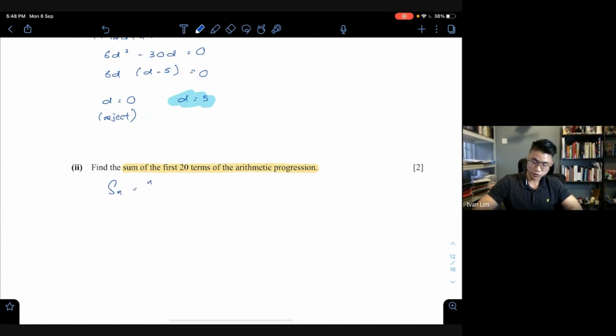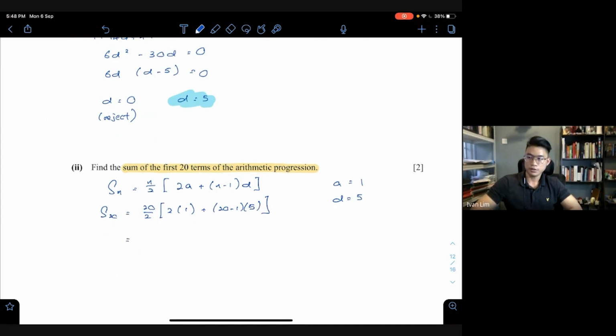Sn is equal to n over 2 times (2a plus (n minus 1)d). A is equal to 1, d is equal to 5. We want the first 20 terms. So 20 over 2, times (2 times 1 plus (20 minus 1) times 5). Let's calculate it. We get 970.